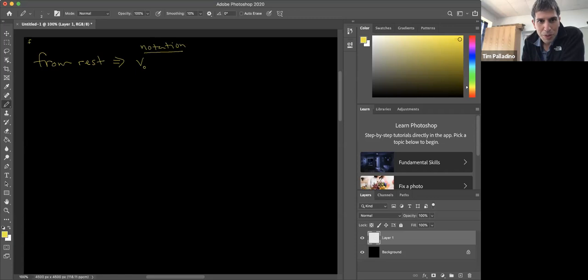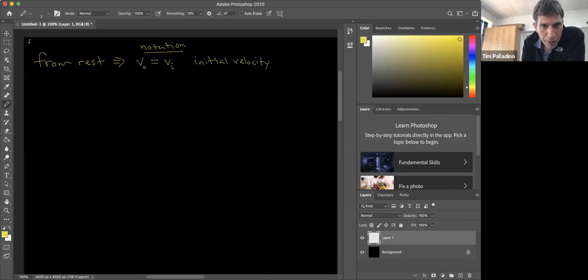You'll see either v initial, v naught, or a little v with a subscript i. I will try to be consistent, but both of these mean initial velocity.